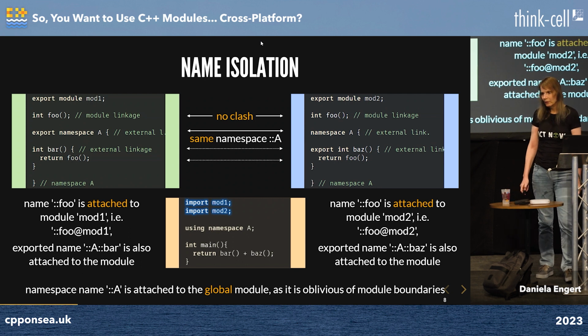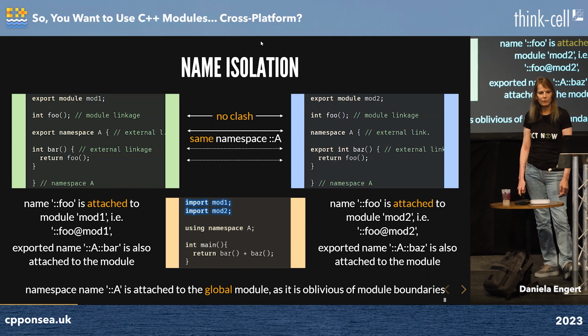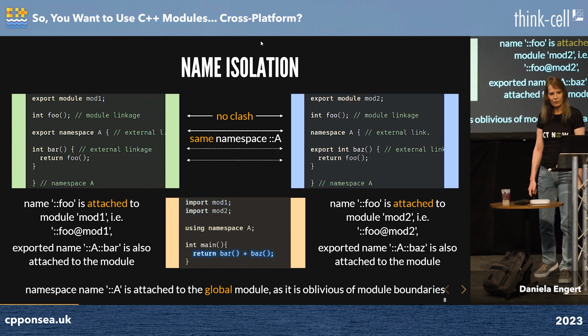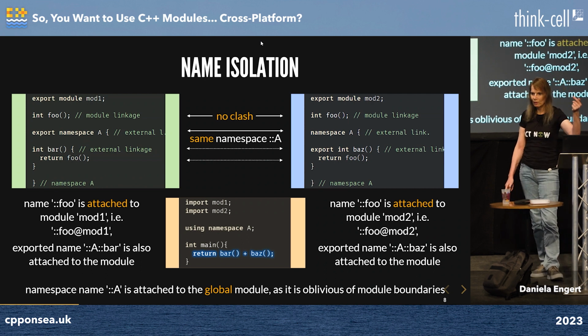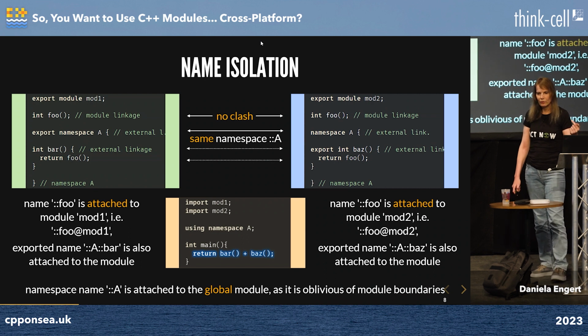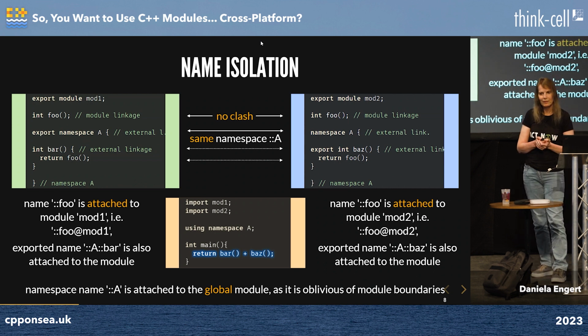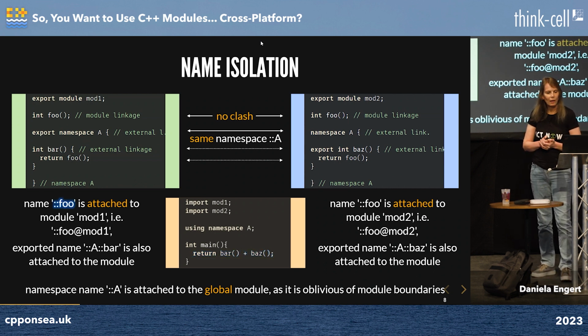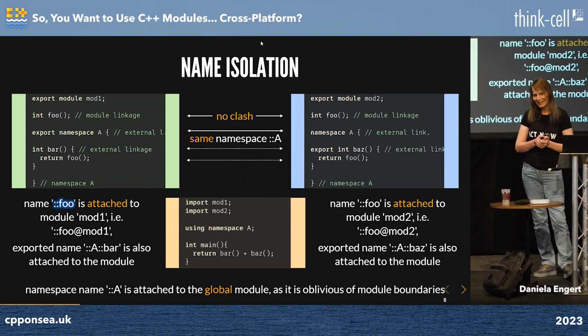So if you import both of these modules into your code, you can do that safely, because even though you use the exported functions bar and bus here, which in turn call into the functions foo, each one of them can do that without giving problems at a linker level. These are different foos. And with modules also comes the notion of attachment.